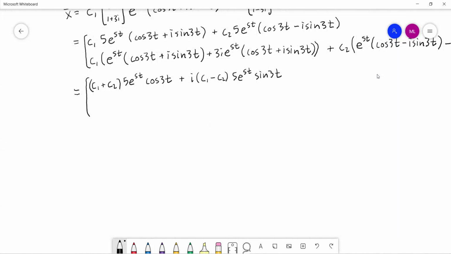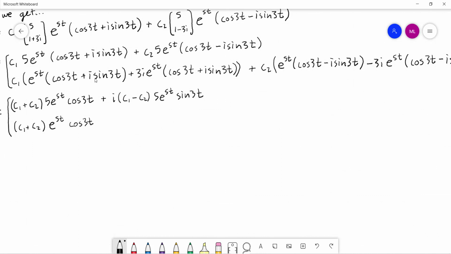We're going to get C1 plus C2 e to the 5t cosine of 3t for that term, because I've grouped this term and this term together and just factored out the C1 and the C2. C1 plus C2, they each were hit with one of those, so that's that term.